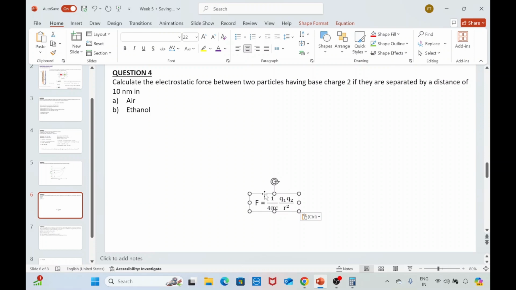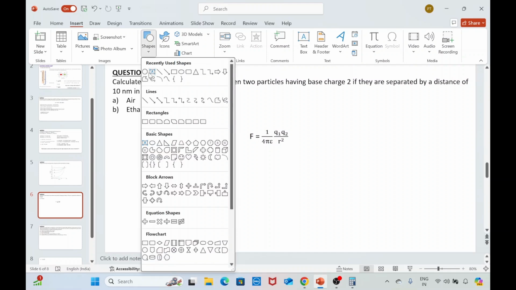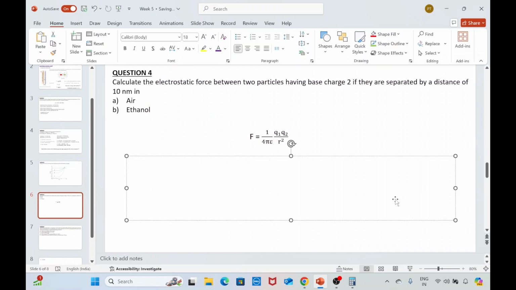So this is the formula. As I have previously mentioned, since it is written two particles, they are having the same base charge 2. So they are identical particles, at least electrically identical.